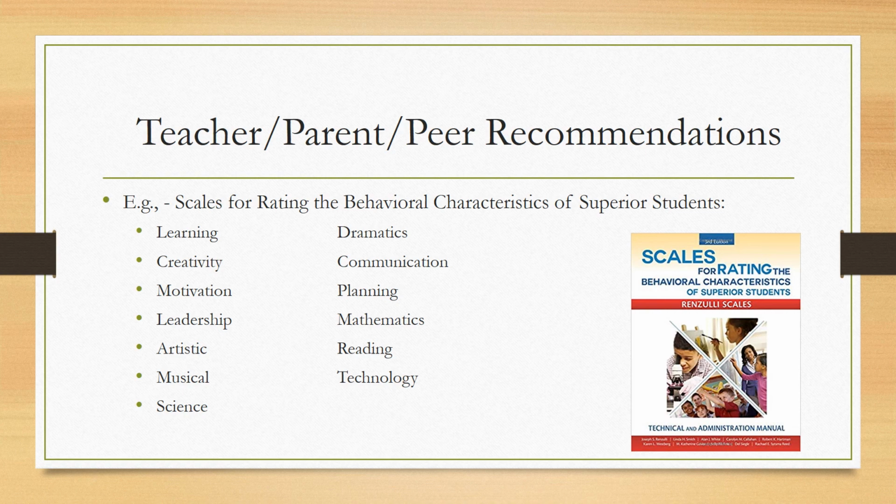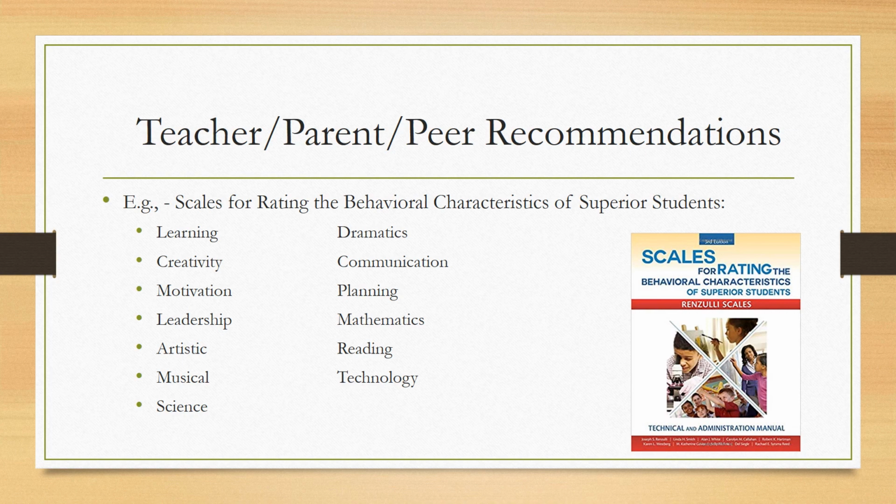So if we look at a better checklist or screening scale for initial steps in identification, we find the Scripps. The Scripps is an instrument developed by researchers at the University of Connecticut. It stands for the Scales for Rating the Behavioral Characteristics of Superior Students.